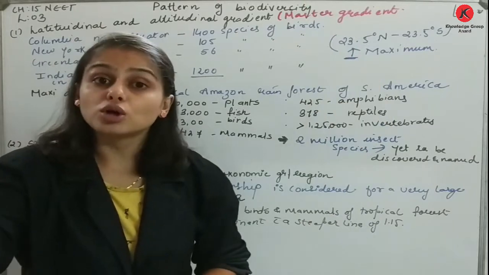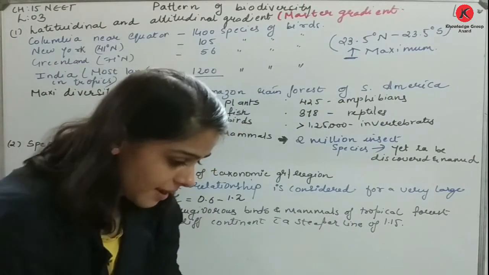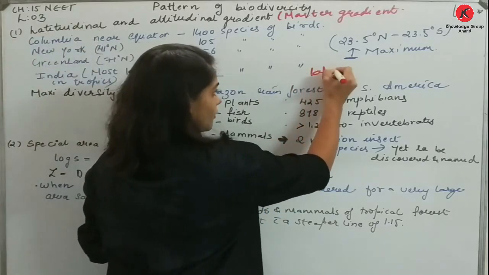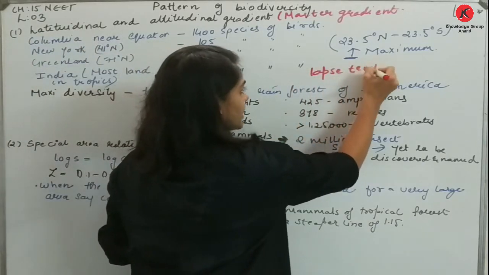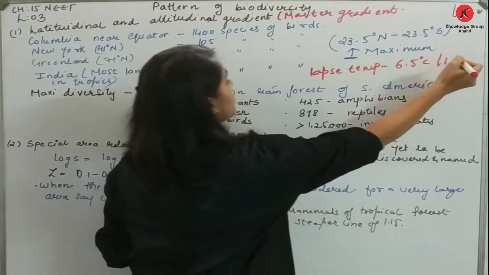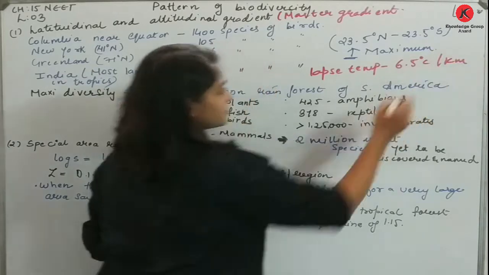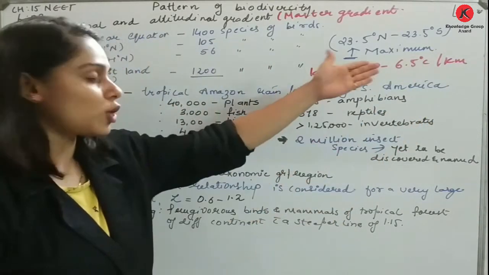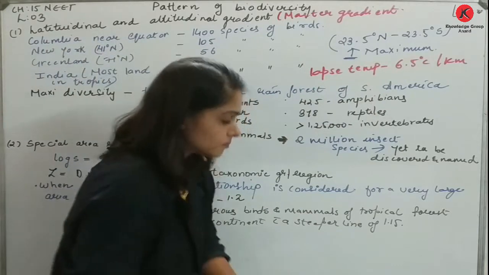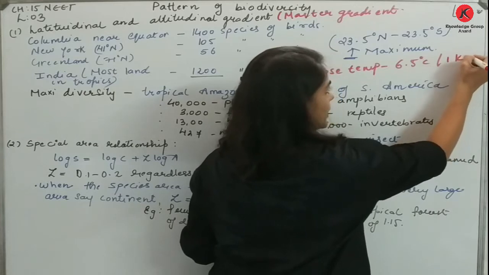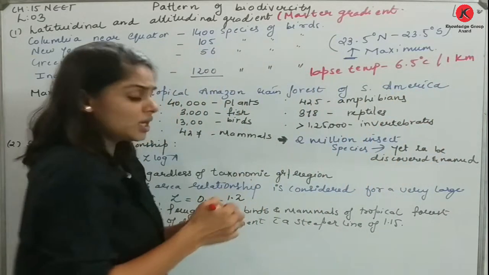Lapse rate of temperature being, here I am writing, 6.5 degrees Celsius per kilometer. Per kilometer मतलब I am talking about 1 kilometer only. ठीक है? Per 1 kilometer, or I can say 1000 meters.